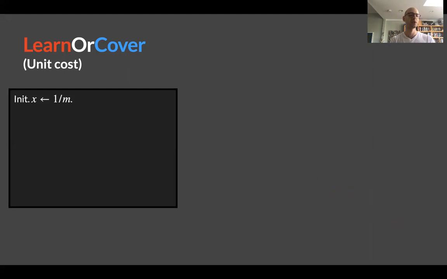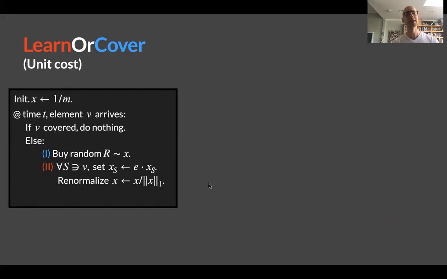You have no information initially about the set system, so it makes sense to initialize this distribution to the uniform distribution over the sets at your disposal. And now we do something very similar to the exponential time version. When an element V arrives at time t, if V is covered, do nothing. Otherwise, first buy a random set R from this distribution, and then update the distribution.